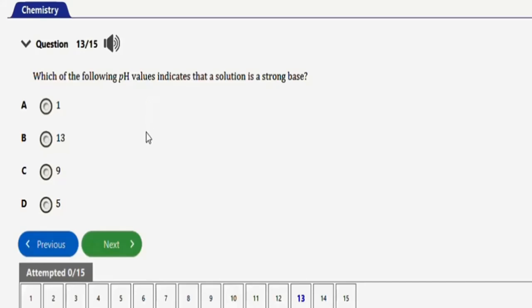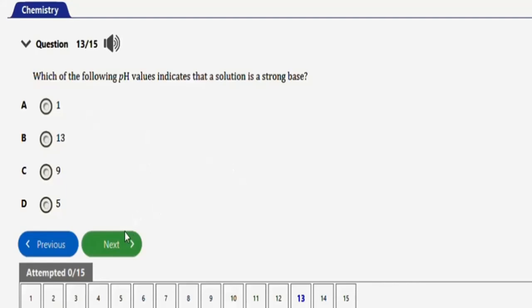It will be option B, which is 13. Strong bases have a pH of 12, 13 and 14. Weak bases have a pH around 8, 9, 10, 11 thereabouts. Strong bases are around 12, 13, 14. So the right option is option B.